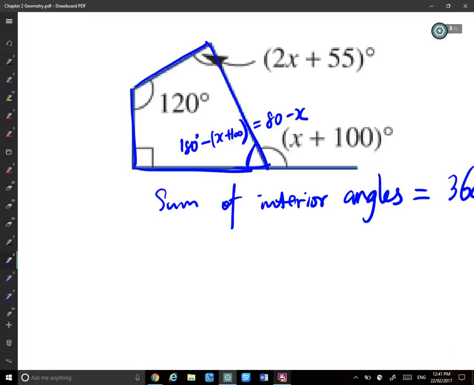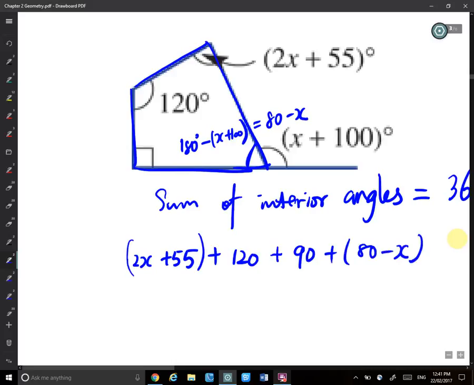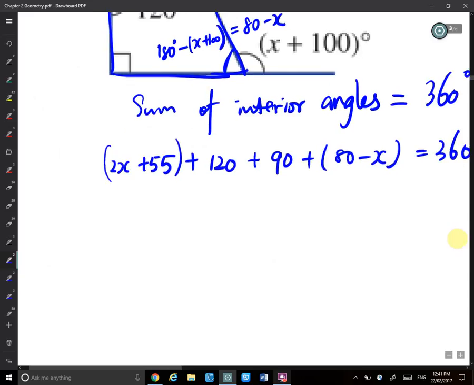Now let's sum all the inner angles, not the outside one. So we have 2x plus 55 plus 120 plus 90 plus 80 subtract x. That should give you 360 degrees.